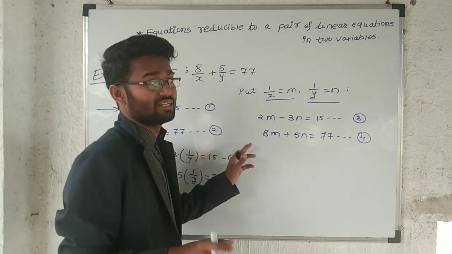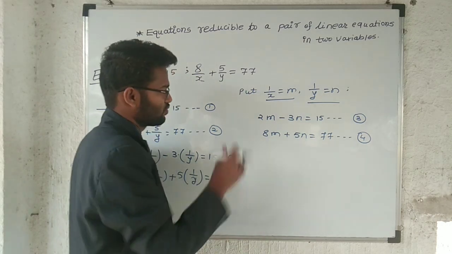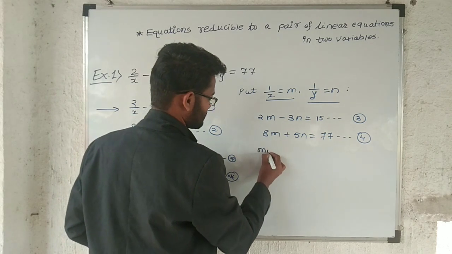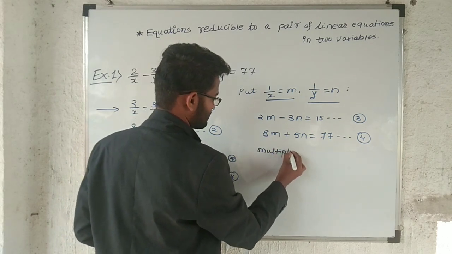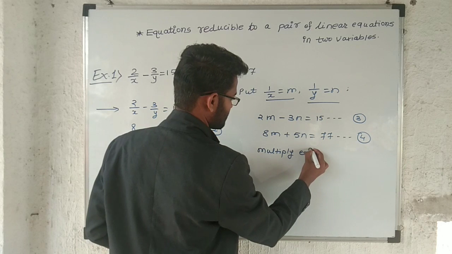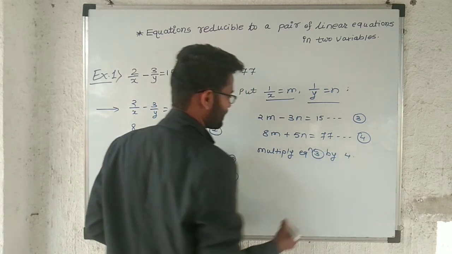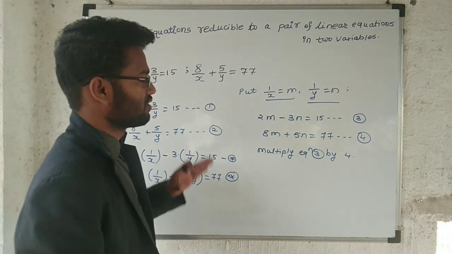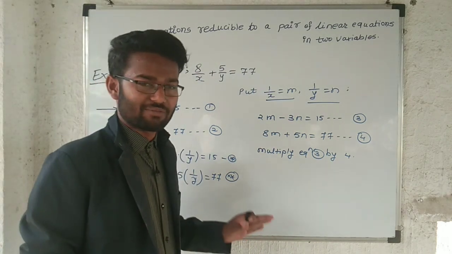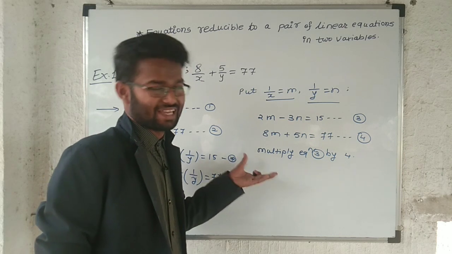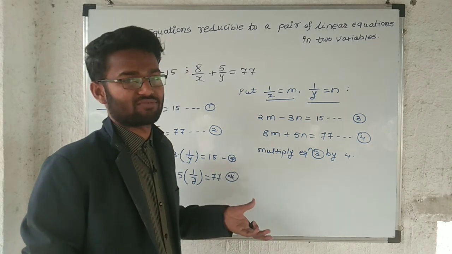I am eliminating m. So multiply equation 3 by 4. For the elimination of m, we multiply equation 3 by 4. We get 8m here, so m is eliminated.